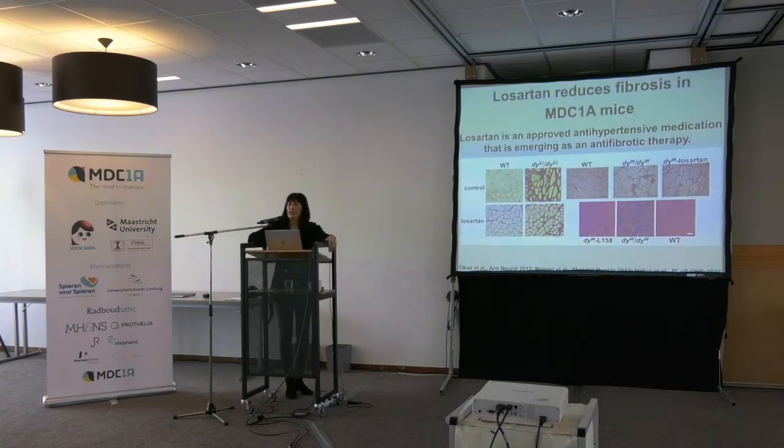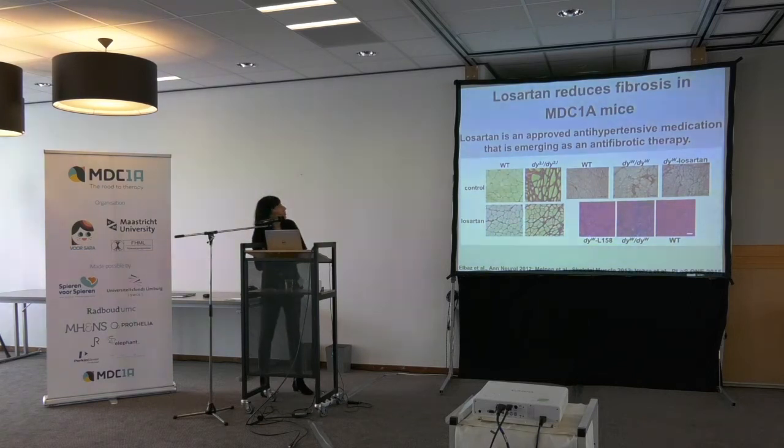So then, of course, we're thinking that anti-fibrotic therapy could maybe be beneficial in mice. And there is a drug that is called losartan. Losartan is an anti-hypertensive medication that is actually emerging as an anti-fibrotic therapy.